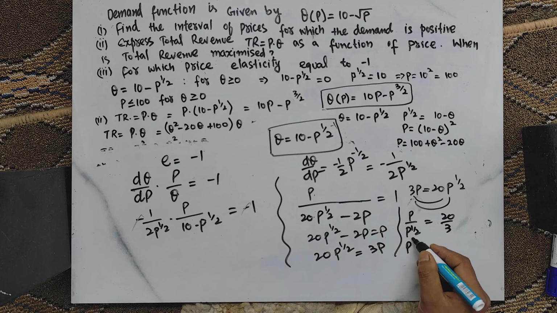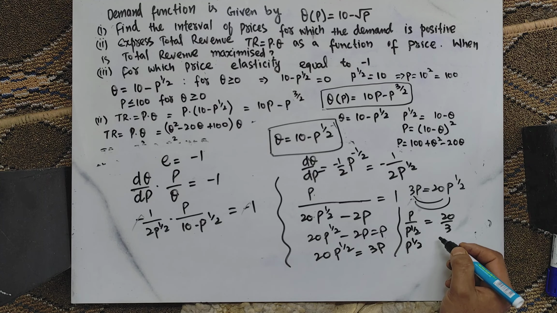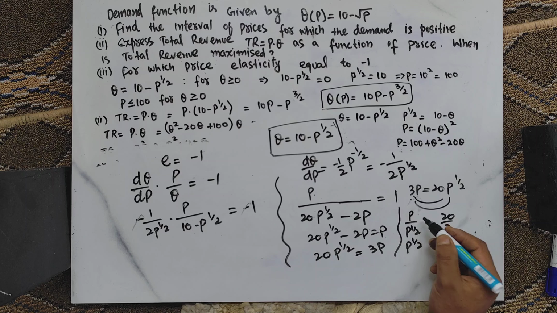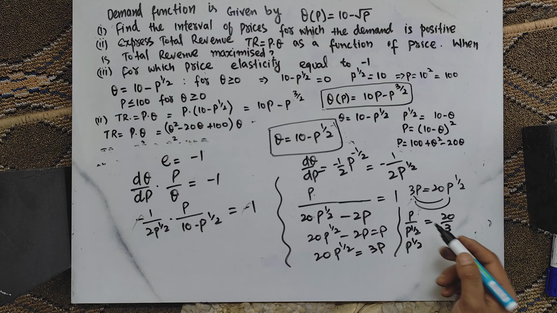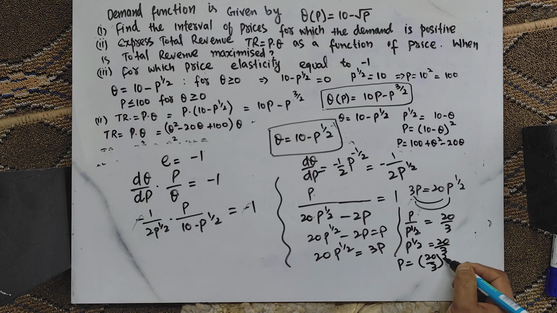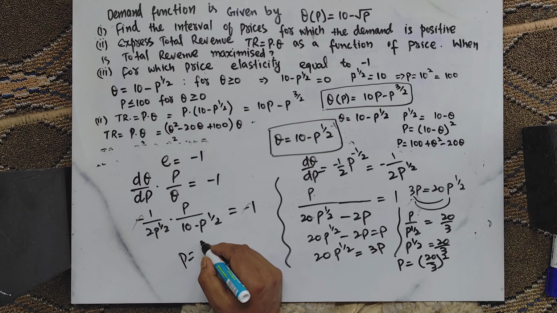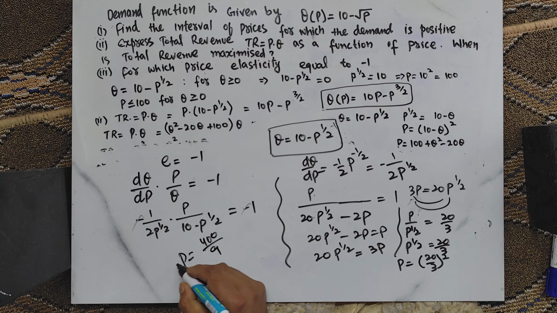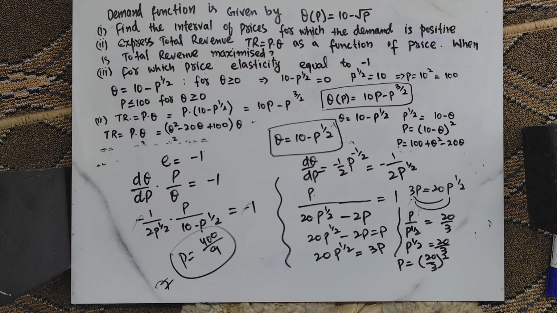So it becomes p raised to the power 1 upon 2 is equal to 20 upon 3, or p will be equal to 20 upon 3 squared, or price will be equal to 20 into 20 is 400 upon 3 threes are 9. So this will be the price where elasticity is equal to 1.